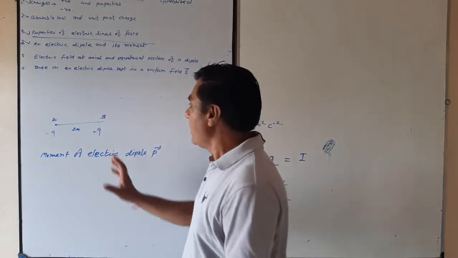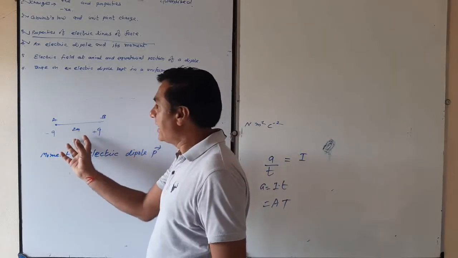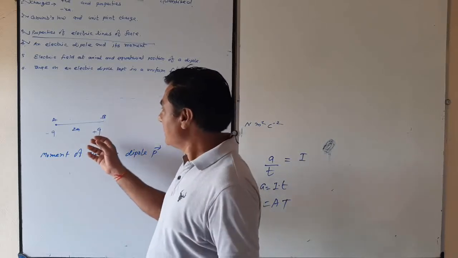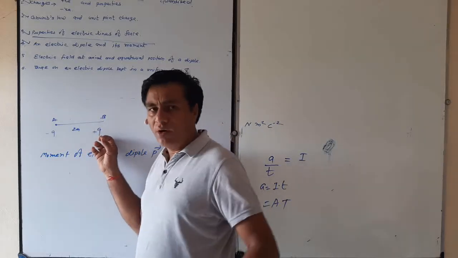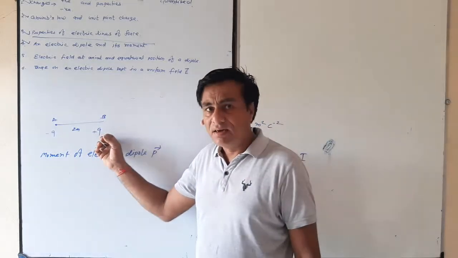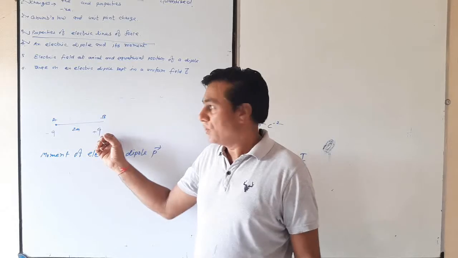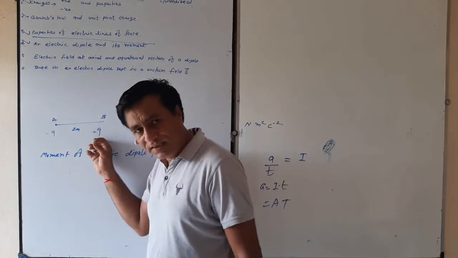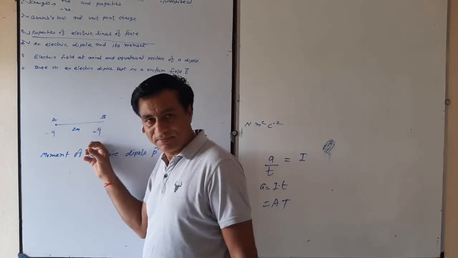So definitely, if it is kept in an electric field, what will be its capacity in concern with the electricity? Its capacity is concerned with the amount of charges and its length.